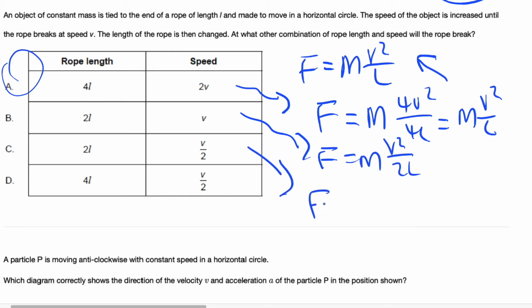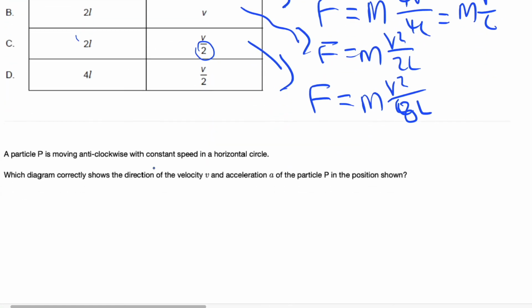And for C, it is equal to mass times velocity squared over 4, this is 4, this is 2, so this is 4 times L. And here this is also different. Right. So you can calculate this by yourself.